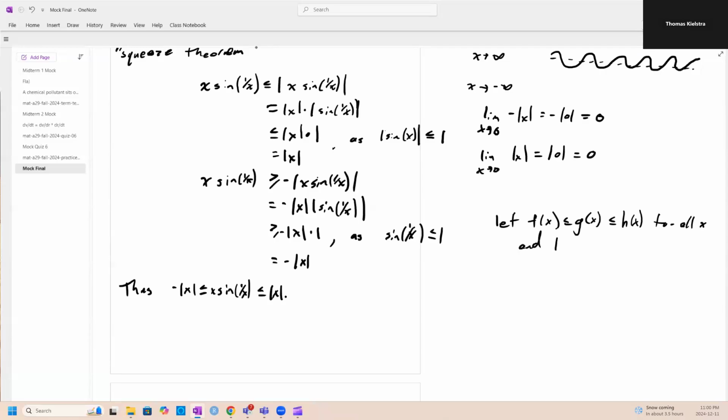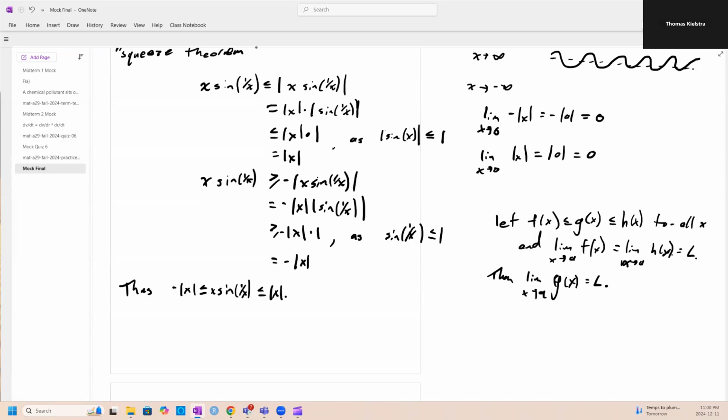And the limit as x approaches a of f of x equals the limit as x approaches a of h of x, which equals L. Then the limit as x approaches a of g of x also equals L.